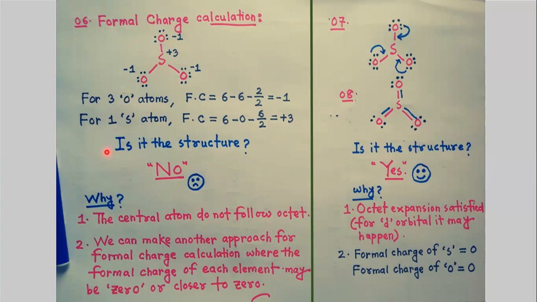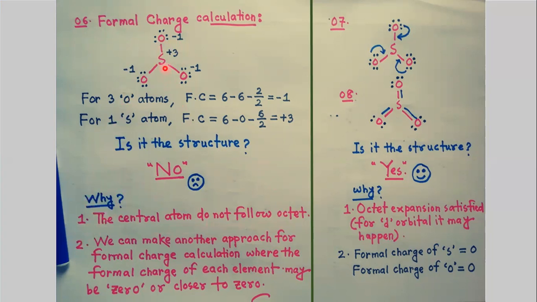So is it the structure of sulfur trioxide? The answer is no, it's unhappy. So why is this not the structure of sulfur trioxide? The first one, the central atom does not follow the octet.